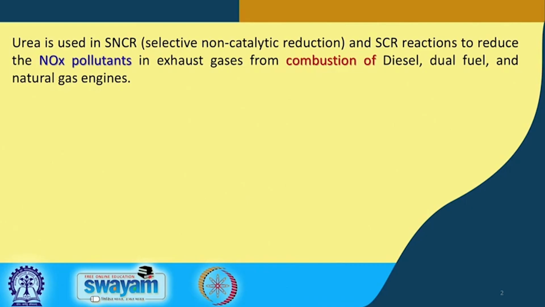So we should see that urea can function or trigger those catalytic reactions to reduce the NOx pollutants. We all know that these are the different types of nitrogen oxides.